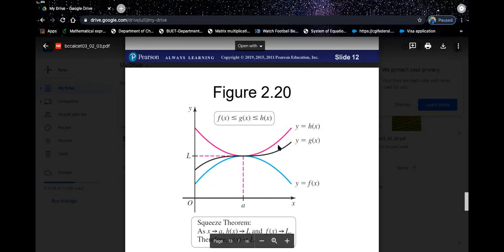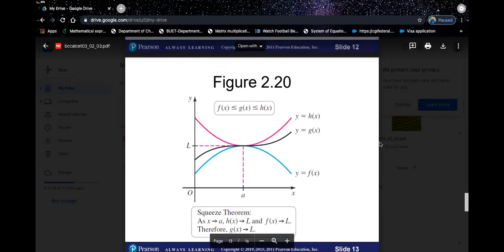In other words, this function is getting squeezed between f and h. Now the squeeze theorem says if the limit of f is, let's say, L, and the limit of h is also L, then we can straight away say the limit of g will also be L.